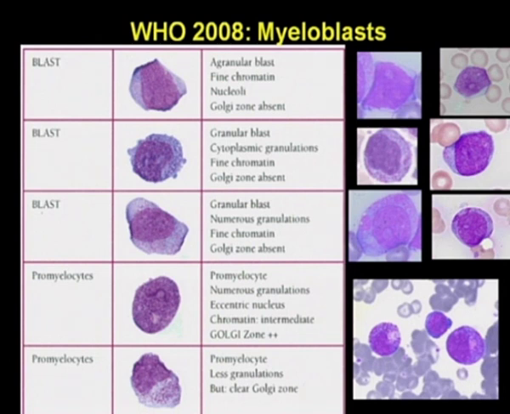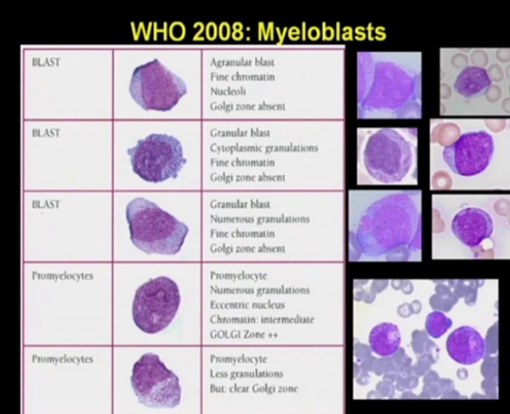What is a myeloblast according to this new classification? We were very lucky because at the end of the story they deleted the type 3 blasts. That was really very difficult to find a consensus.